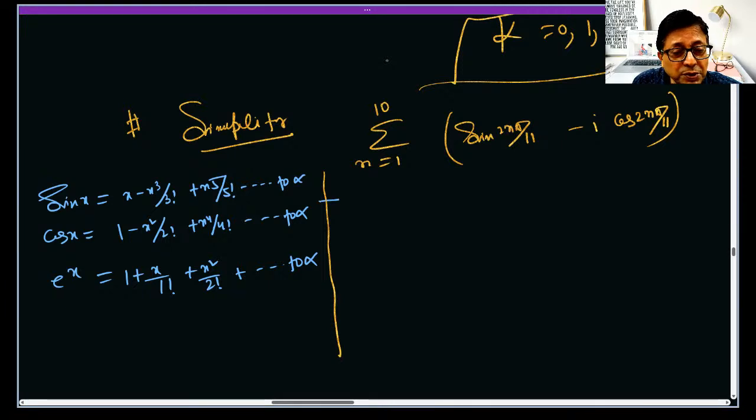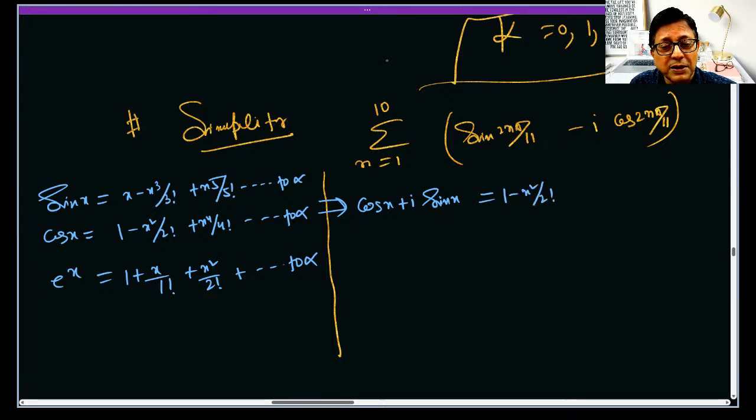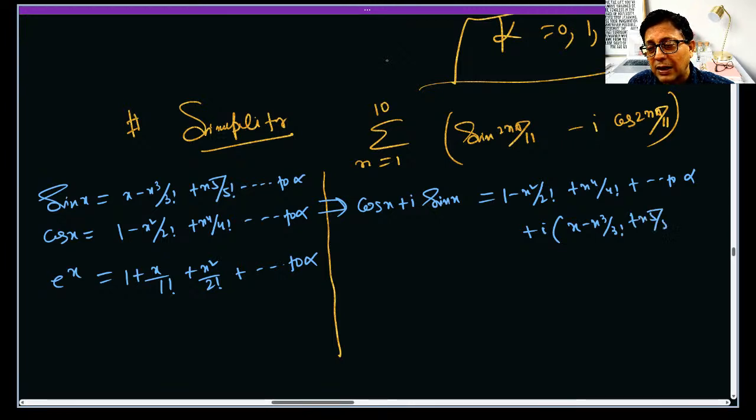So when you write cos x plus i sin x, you can write it as the series up to infinity, i times x minus x³/3! and so on.